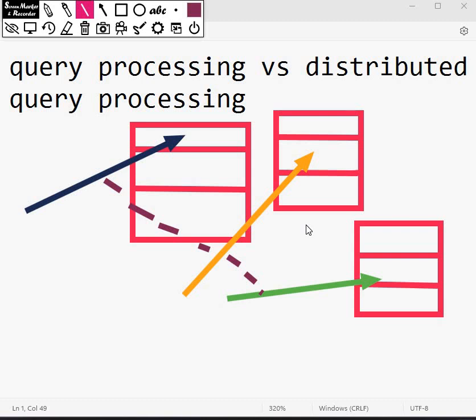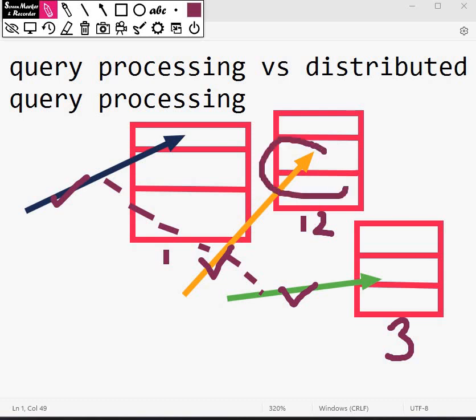So suppose you go to this specific library and it is spread across multiple buildings. So this is maybe building one, this is building two, this is building three, and so on. And you ask for a book ABC. Now, this is the first librarian, this is the second librarian, this is the third librarian. They all will go and search for that book and they will keep sharing with each other.